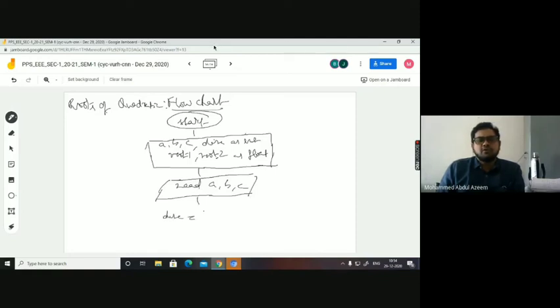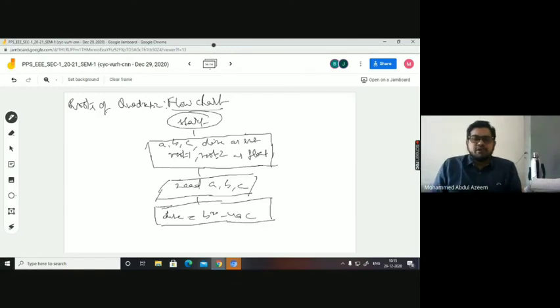This is equal to B square minus 4AC. You represent it with the help of a rectangle, right? Yes or no? Then you are going to check the discriminant here.